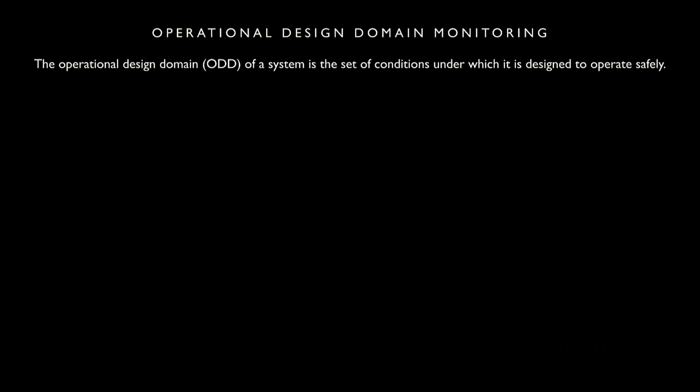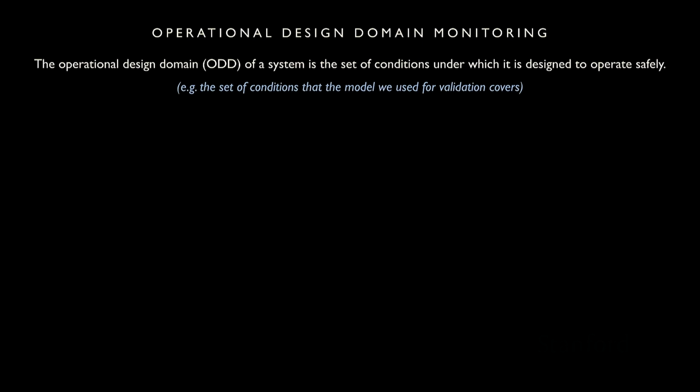The idea is that systems have these things called operational design domains, or ODDs. And these are basically the set of conditions under which we've designed our system to operate safely. So this could be daytime conditions with no rain or something like that. This could actually be the set of conditions that the model we used for validation covers.